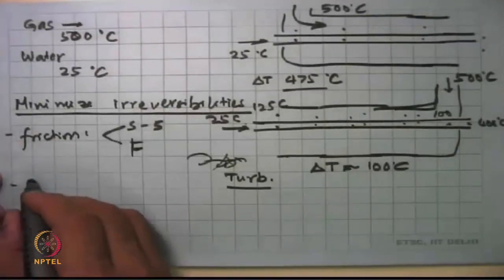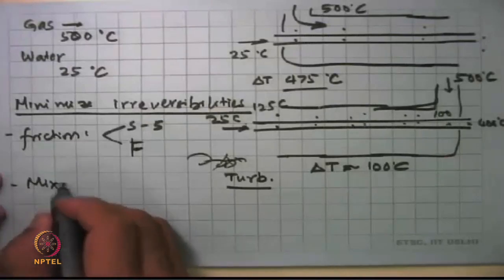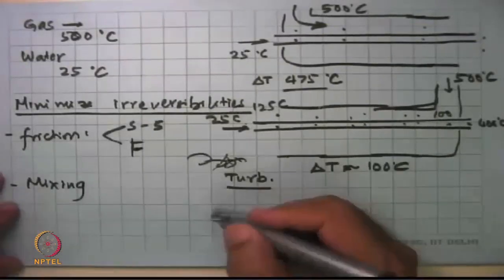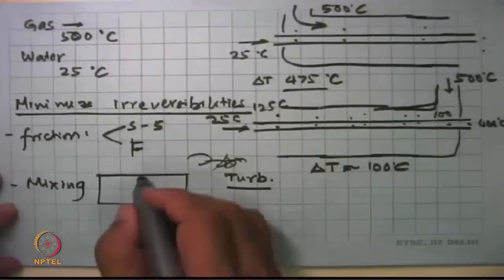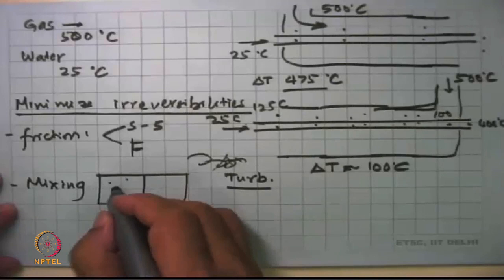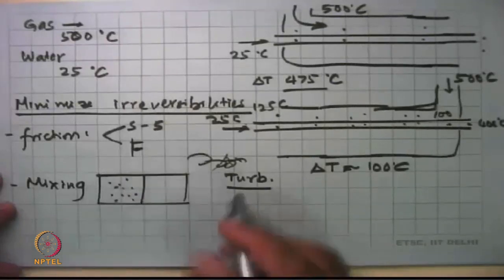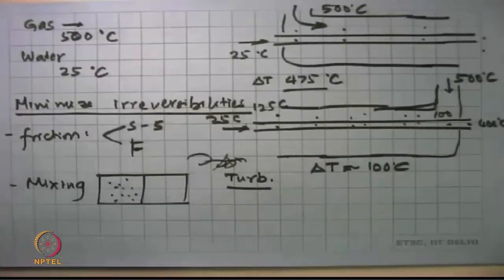Then we have said that mixing of different substances will cause irreversibilities, and the example of this we can give is we have the chamber separated by a diaphragm with one type of molecule here, and on the other side we have another type of molecule.